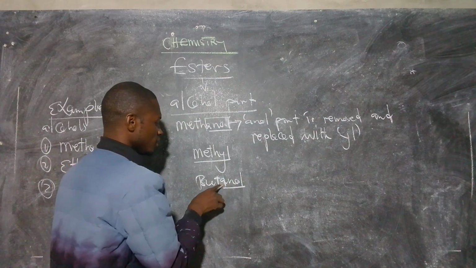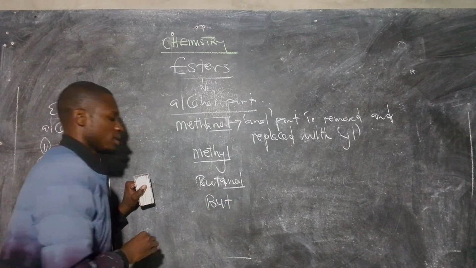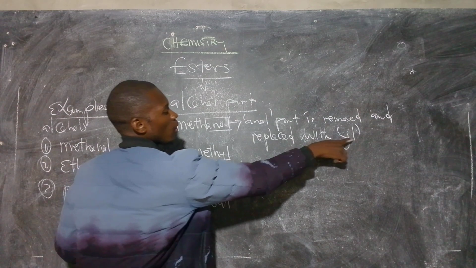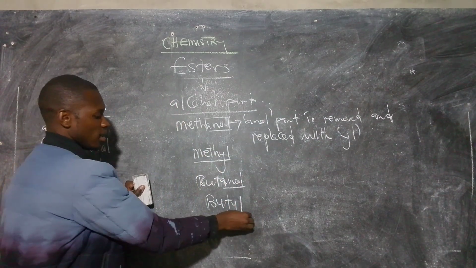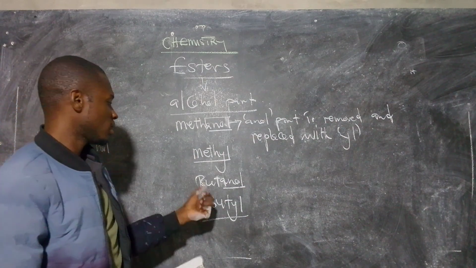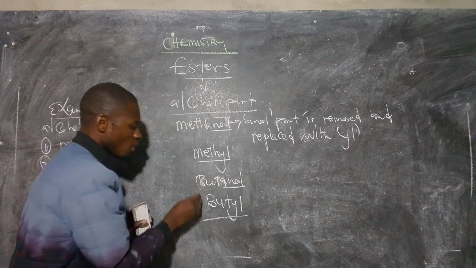So if this part is removed, I'll remain with this. Then I'm going to replace this part with YL. So it will be something like this. I'll form butyl. So this is how we make the alcohol part.